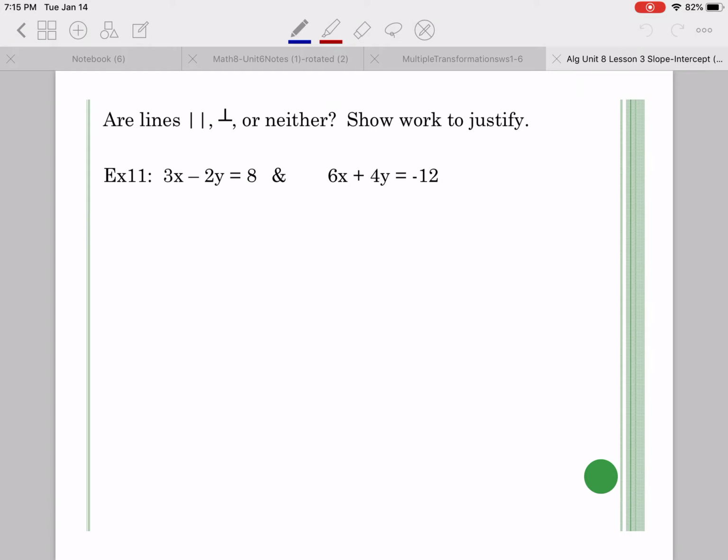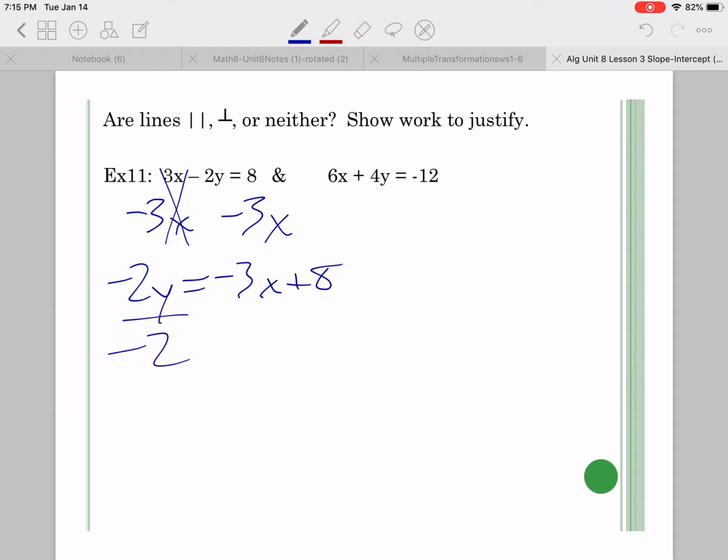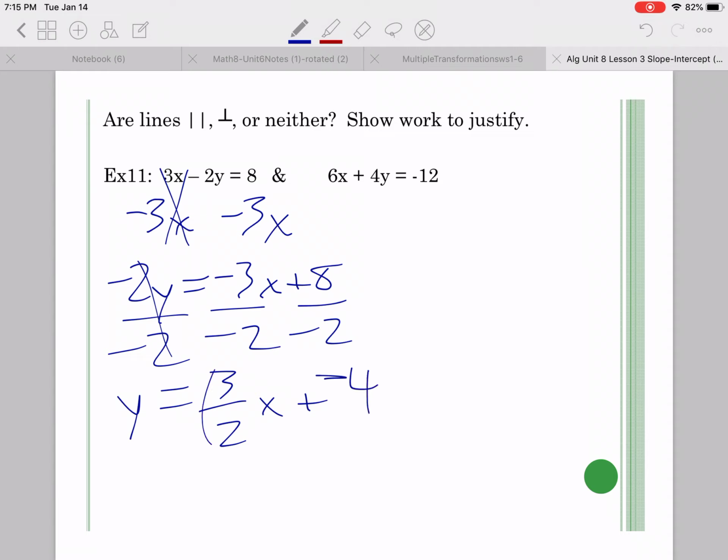All right, last example, same thing. On this one, to figure out the slopes, we're going to have to do just a little bit of work. Here are ones where, if you notice, they're not solved for y. So let's go ahead and do that real quick for each of these. All right, this first one would be 3/2, and we're really only interested in the slope.